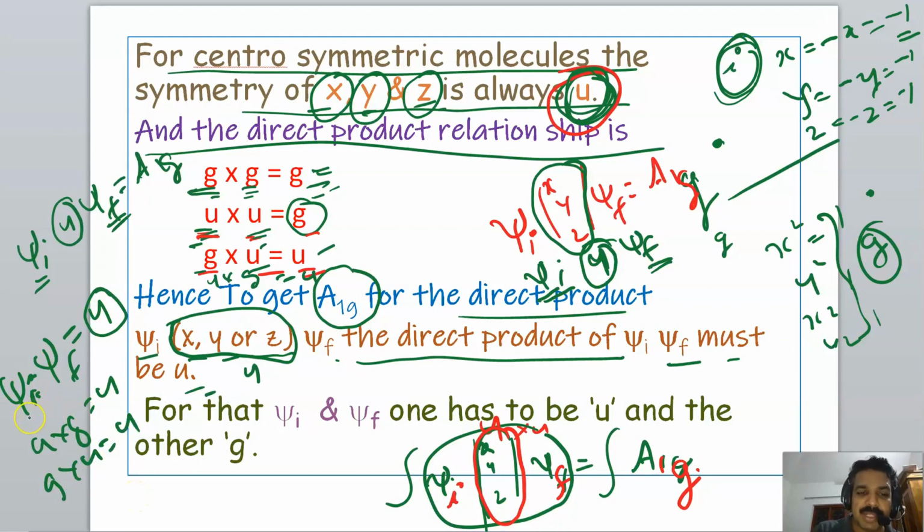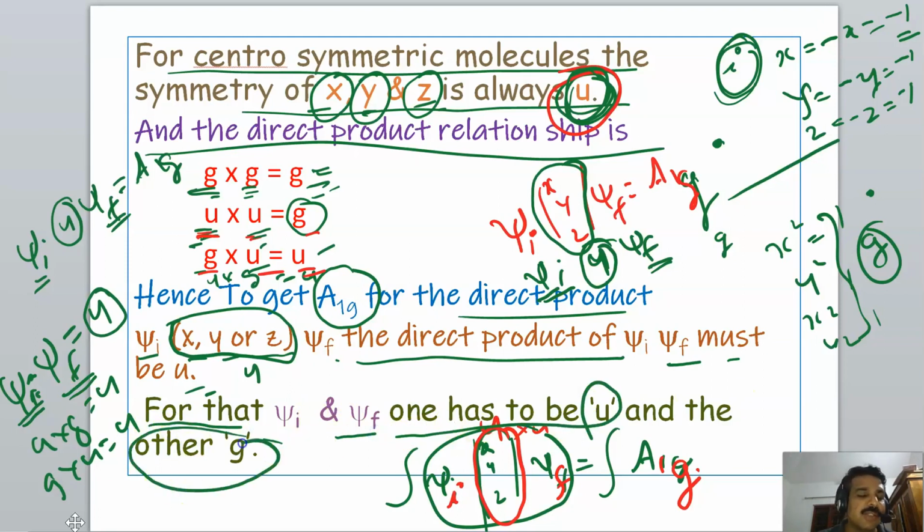That means psi I and psi F should have different symmetry: one has to be u and the other has to be g.